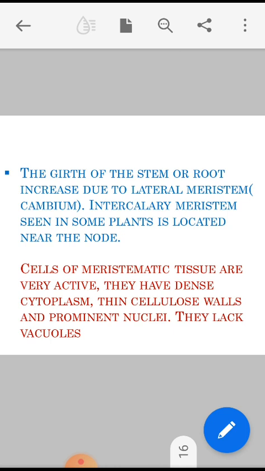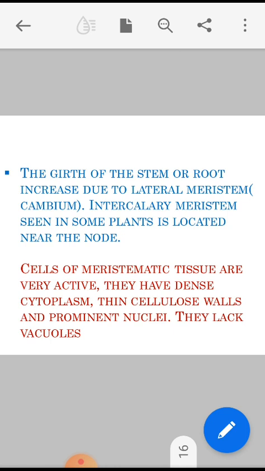So you can see that when we talk about the cells of the meristematic tissues, they have thin cellulose walls, so the wall is not very thick, and prominent nuclei. We have talked about the nucleus, we have talked about membrane-bound organelles.